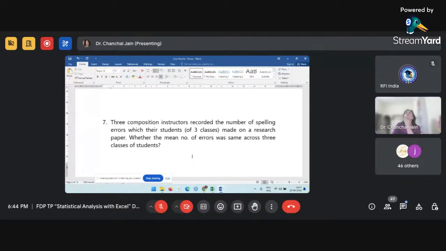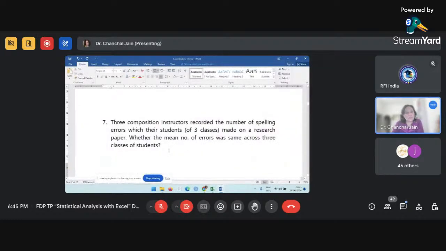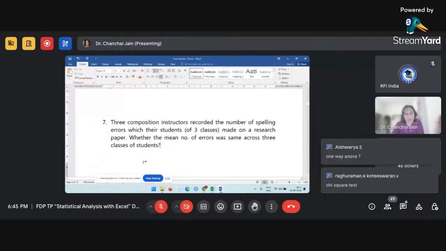I think according to me, it's the chi-square test. Okay. Other opinion? Anyone else? Chi-square, observed and expected.